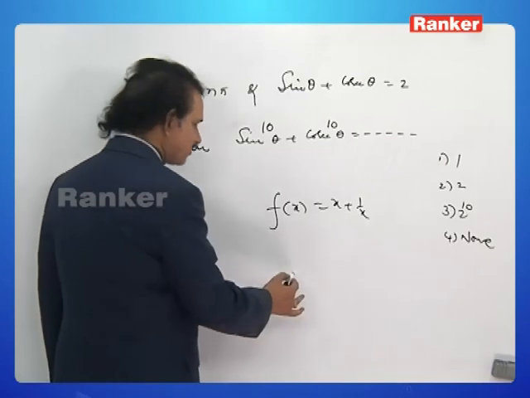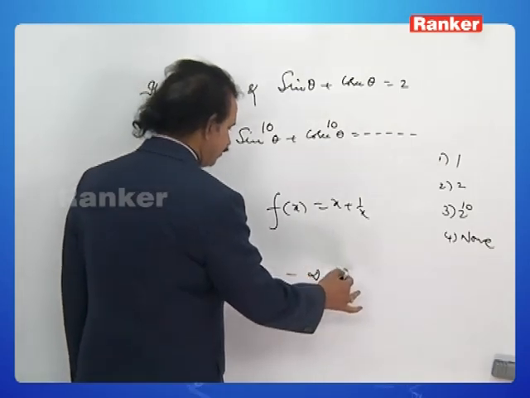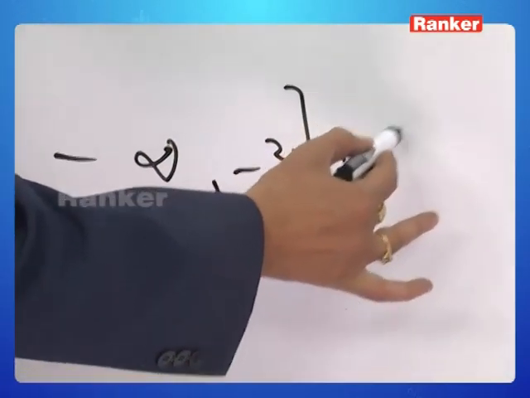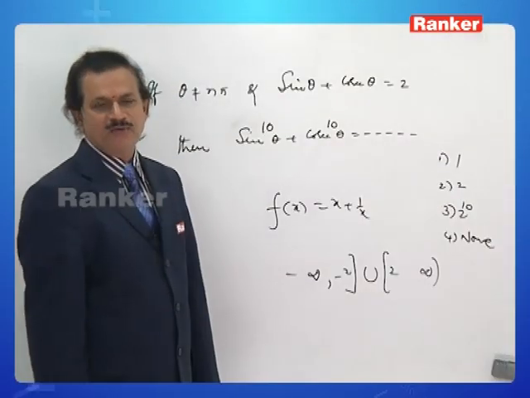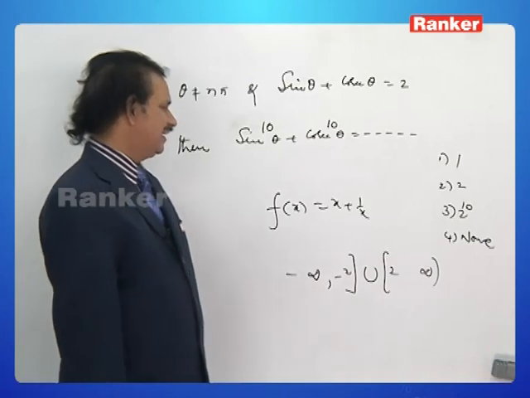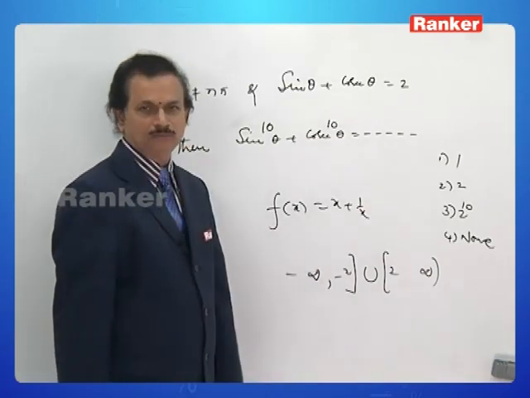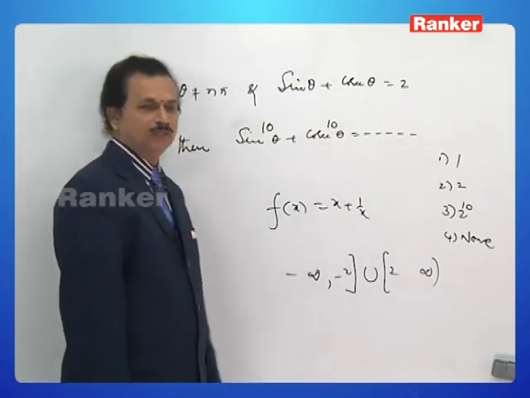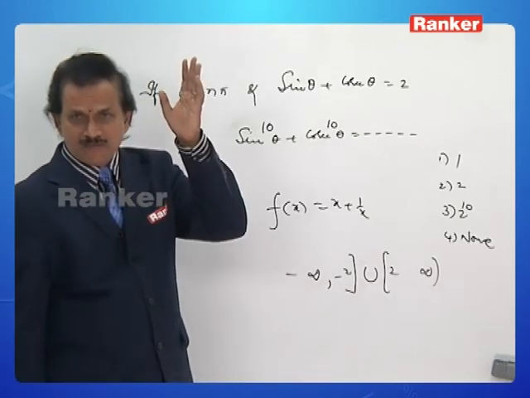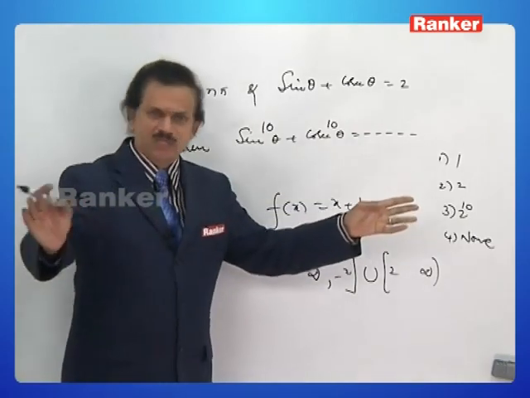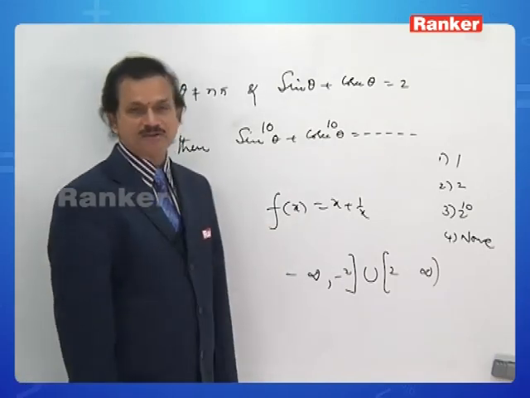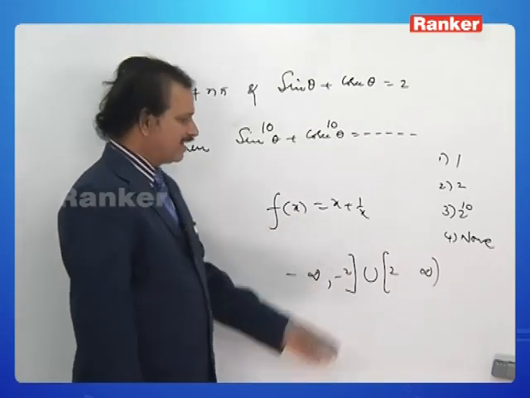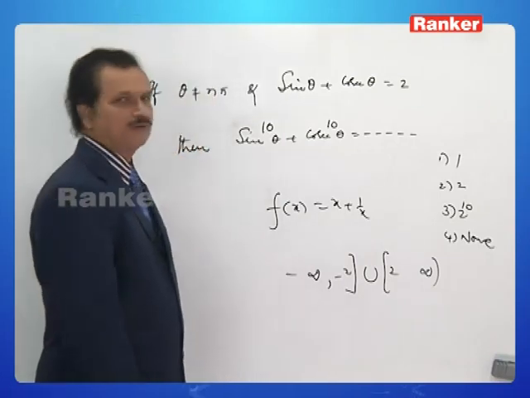The range of this function is minus infinity to minus 2 union 2 to infinity. As and when you look at a function in the form x plus 1 by x, of course x not equal to 0, and that is the discussion of the domain of this function. Of course it will be given in the problem itself. What is the range of this function? Minus infinity to minus 2 union 2 to infinity.